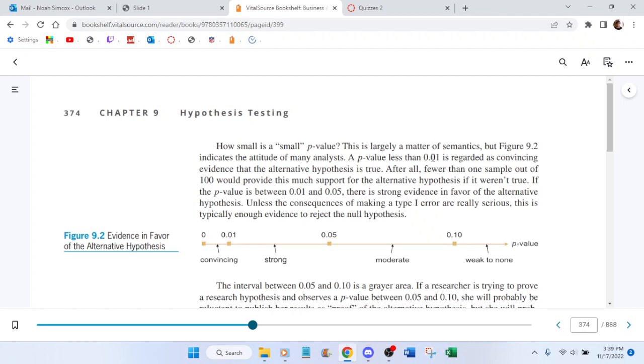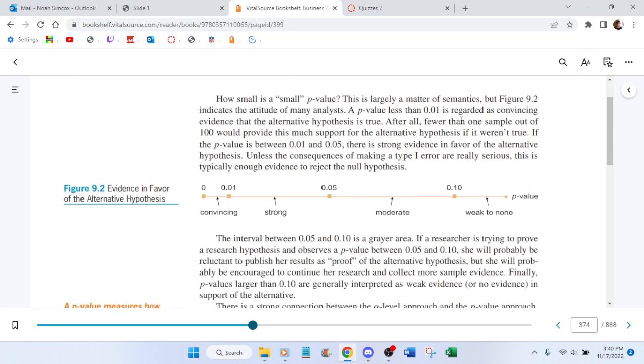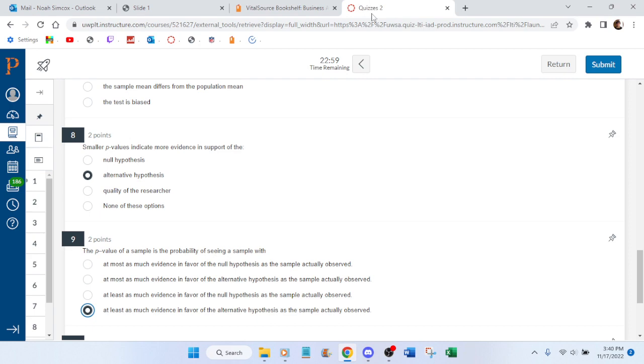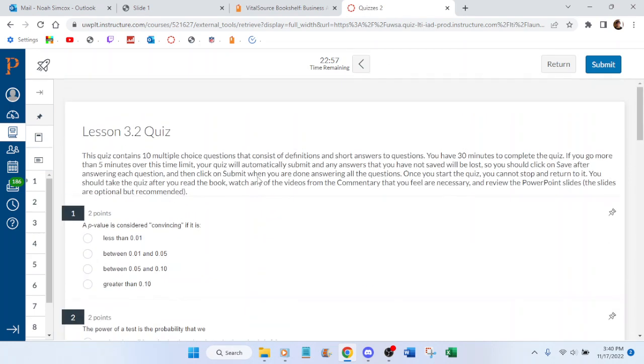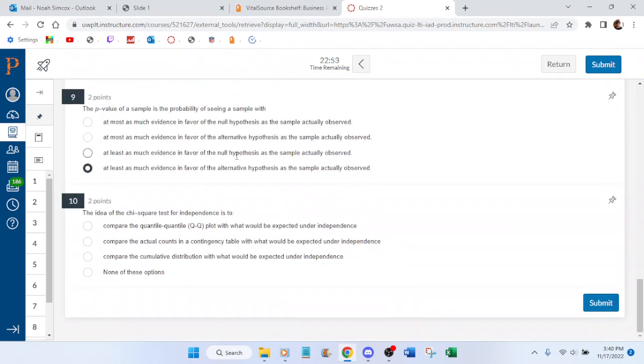According to this, a convincing level one is 0.01. That's what they want. And then one more question. Chi-square test for independence.